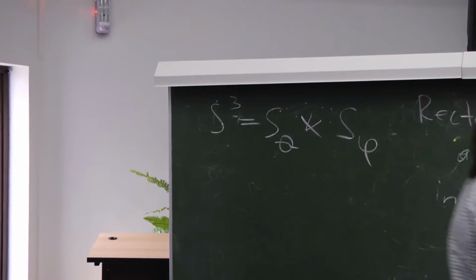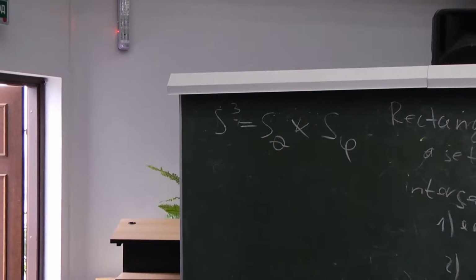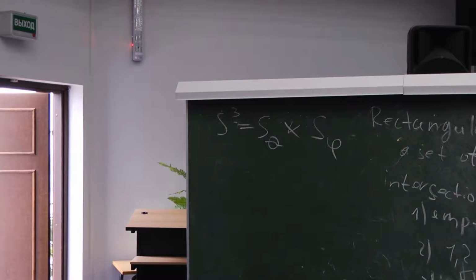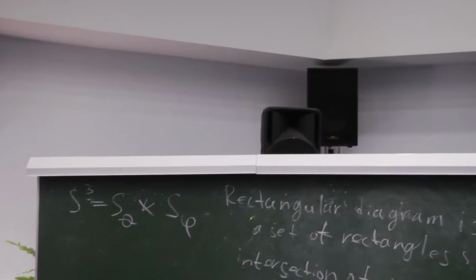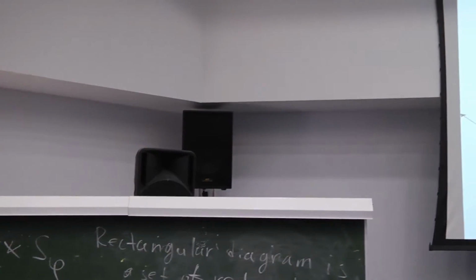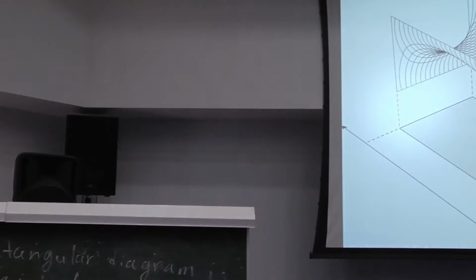Suppose this axis is theta, this is phi, this is the rectangle on the torus theta phi.